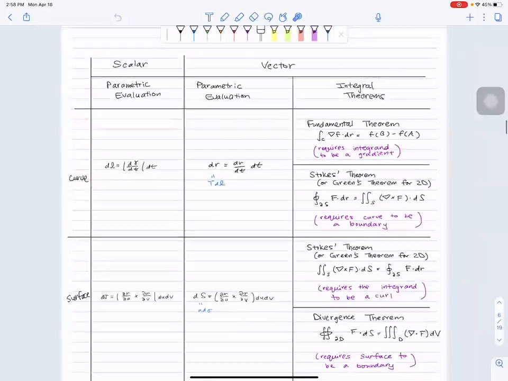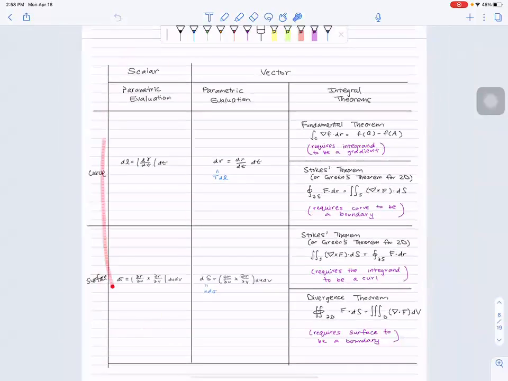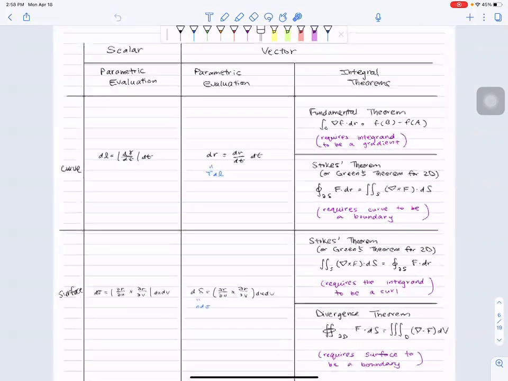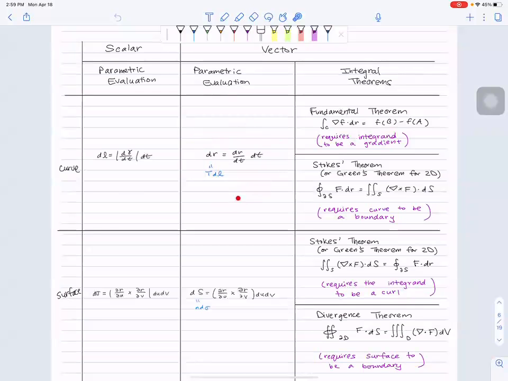So if you have some scalar function and you're asked to find some integral over a curve, you want to use dl. If you are asked to look at a surface, you want to use d sigma. If you're given some vector field and asked to find the integral of something, then using a parametric evaluation, you have dr as this definition and d capital S as this definition.